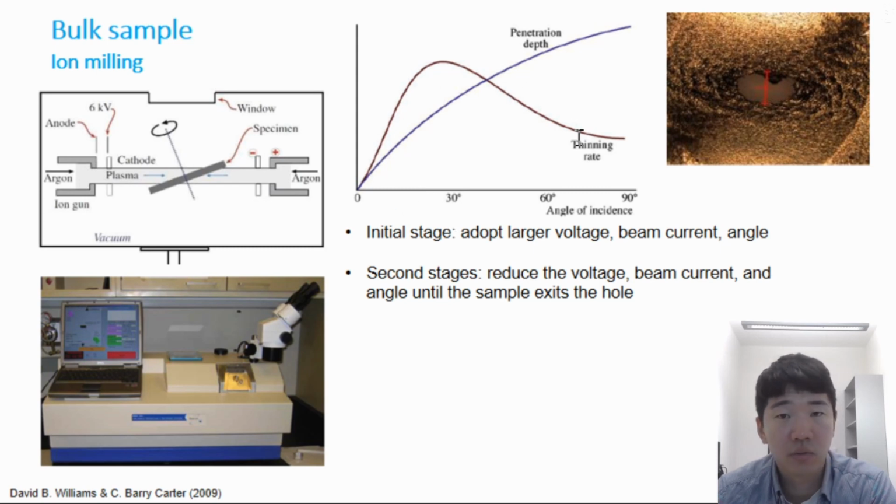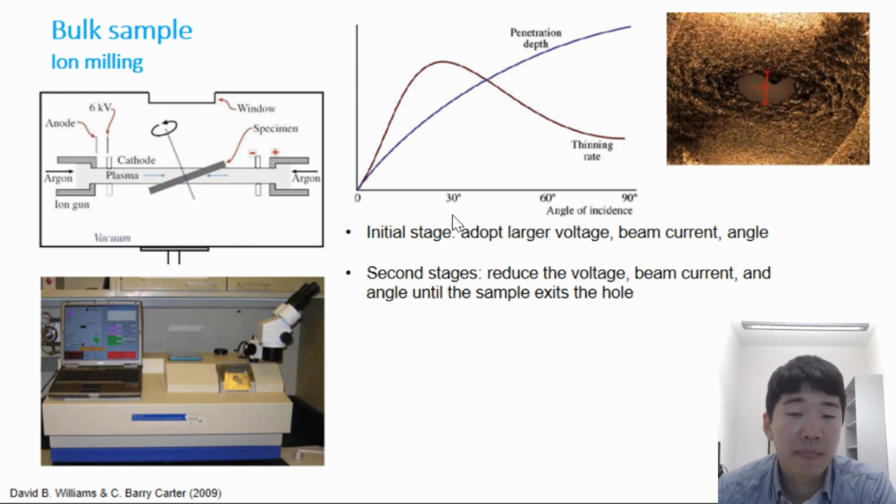The thinning rate strongly depends on the angle. If you use a lower beam energy or lower angle, you can reduce the beam damage, but in both cases, the milling time will increase.